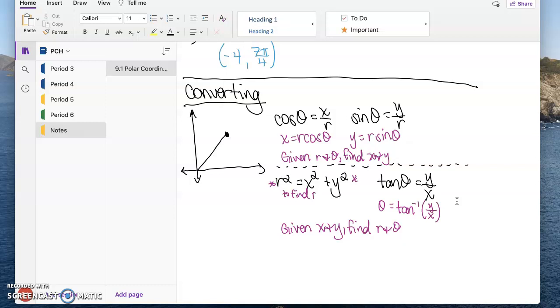Okay, so let me show you visually. Okay, we know how to plot. We're saying that this is our ordered pair right here, the big fat dot that I have on my graph. So we measure out theta, or we rotate theta radians, and then we count out r and we land on the dot.